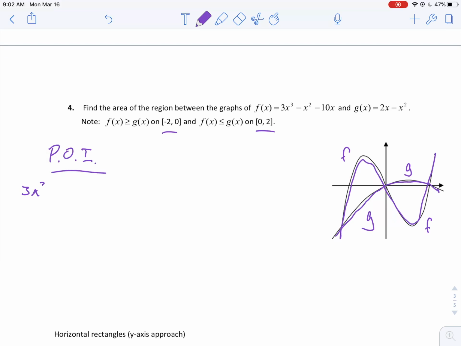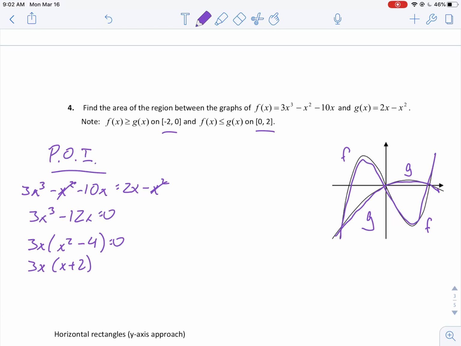Point of intersection. 3x cubed minus x squared minus 10x equal to 2x minus x squared. I'm going to bring everything to the left. I'm going to add x, the x squareds will cancel. Minus 12x equals 0, and yep, it appears my intersection points are indeed 0, -2, and +2.